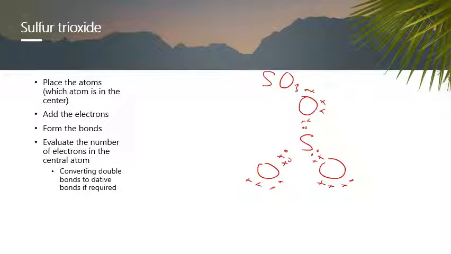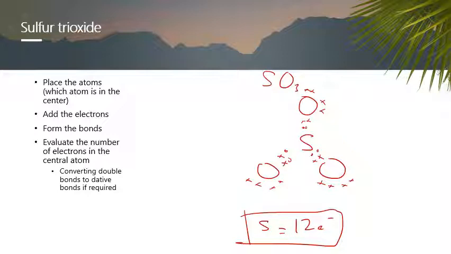Next, I like to evaluate the number of electrons in the central atom. So looking, you see the side atoms always have 8. So there's no need to consider them. We'll look at the center. Now in the center, sulfur has got how many electrons? 4, 5, 6, 7, 8, 9, 10, 11, 12.